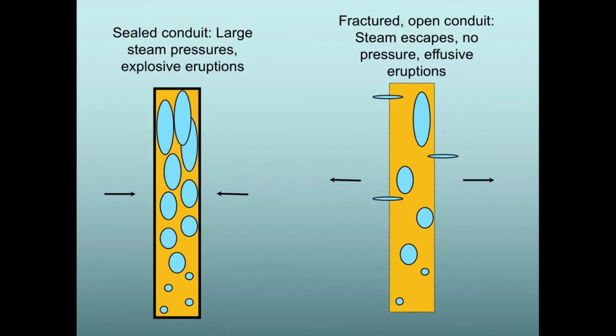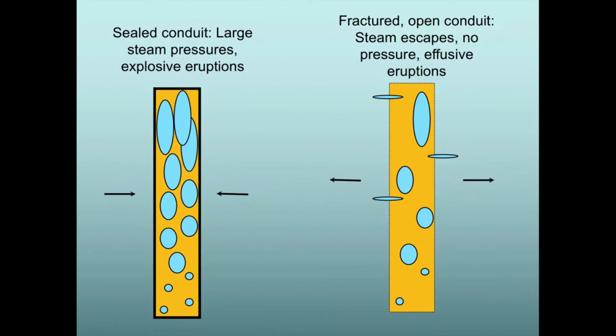So in a volcano, you can have two situations in the conduit. On the left, I have a cartoon. The blue circles and ovals represent the gas that's expanding in the magma as pressure is released up towards the top of the cartoon. If you have a sealed conduit, which I've drawn here with this solid black line around it, the gas really can't go anywhere.